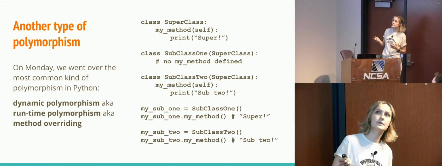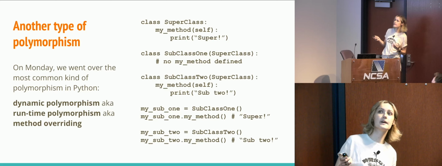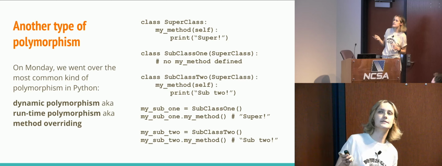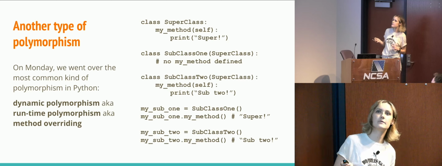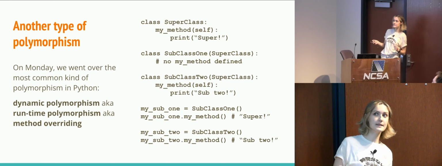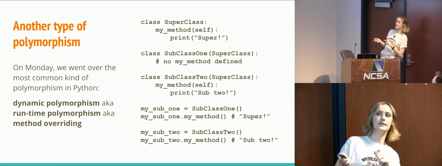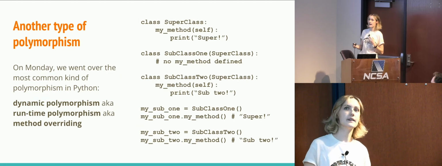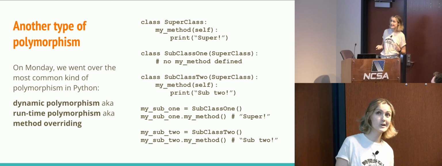If we weren't going to define that method in subclass 1, for instance, we would end up looking for it in subclass 1, but then just go up to the superclass and use this. However, if we go ahead and we use method overriding in subclass 2, and we override the method, when we go for grabbing that from subclass 2, we do end up with the overridden method. A quick review of how dynamic polymorphism works.